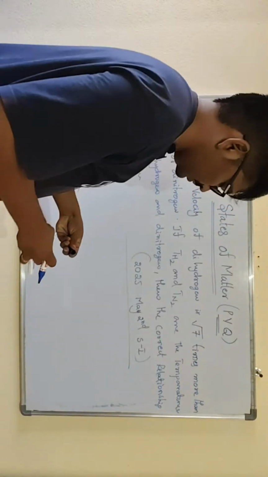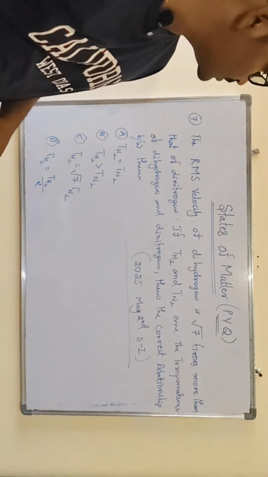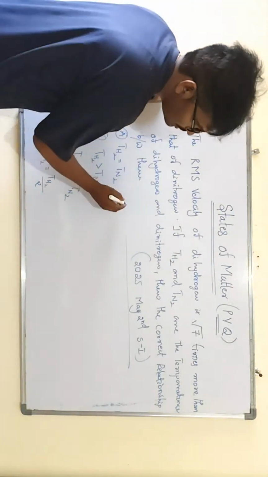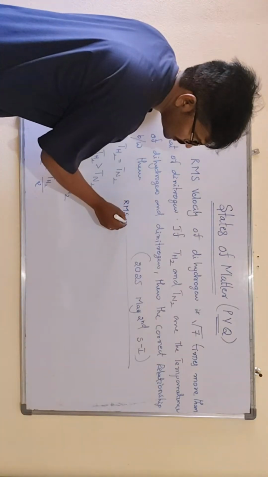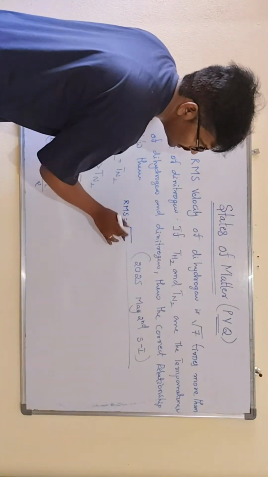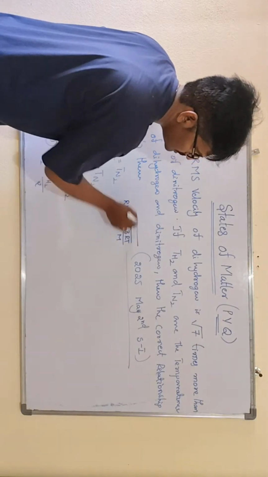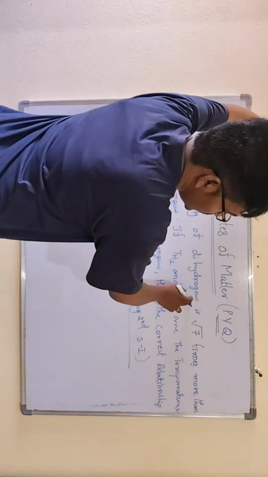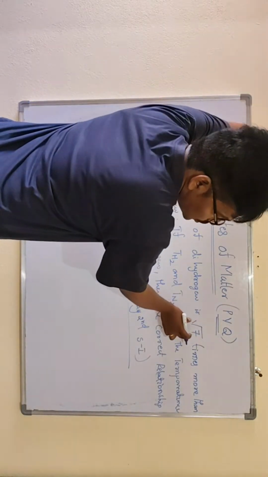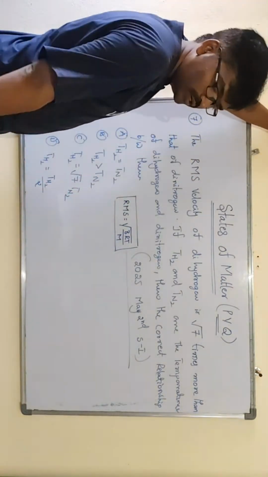The RMS velocity formula is square root of 3RT divided by molar mass. This is the formula. The RMS velocity of dihydrogen is square root of 7 times more than that of dinitrogen.